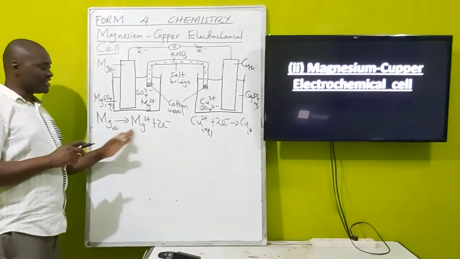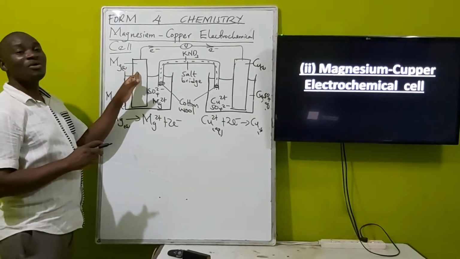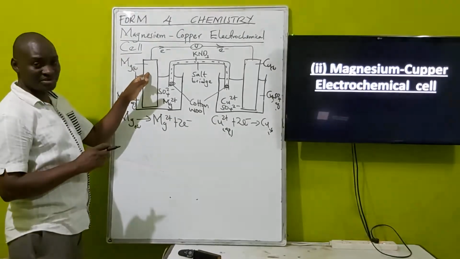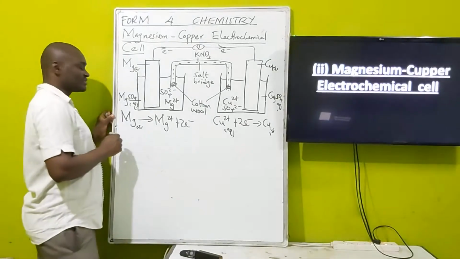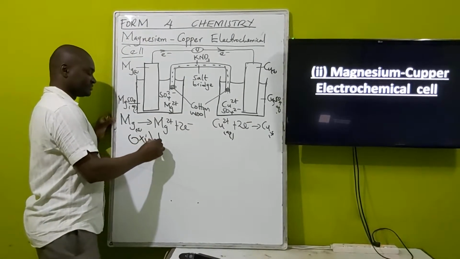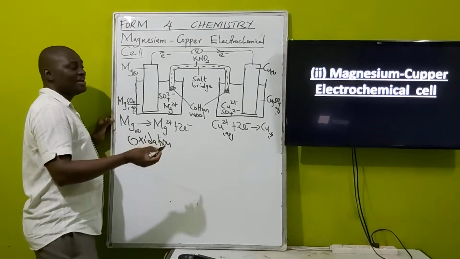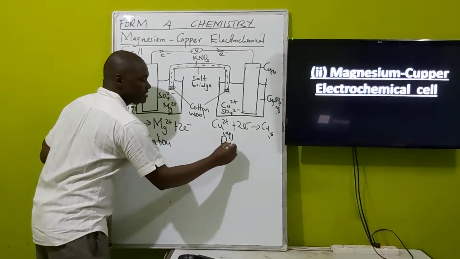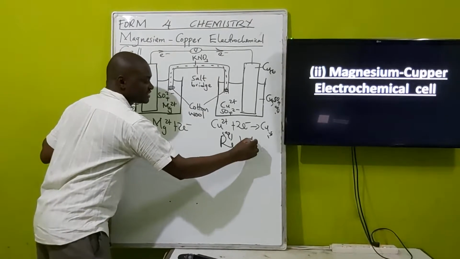Again, loss of electrons occurs on the magnesium electrode, and loss of electrons is called oxidation process. Gain of electrons is called reduction process.